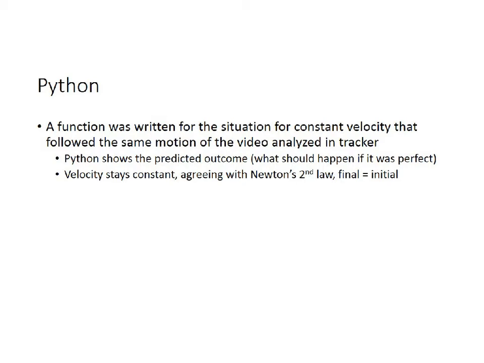As graphed in Python in the following pictures, the velocity remained constant, agreeing with the part of Newton's second law stating if no net forces were acting on the ball, the final velocity would equal the initial velocity.